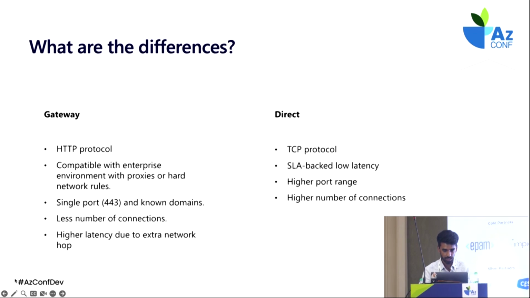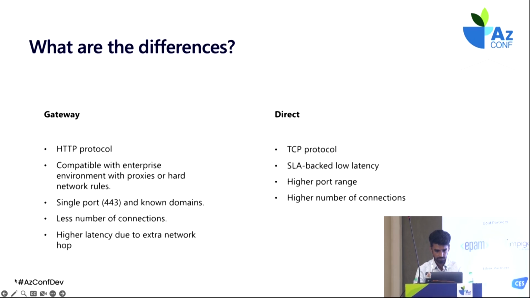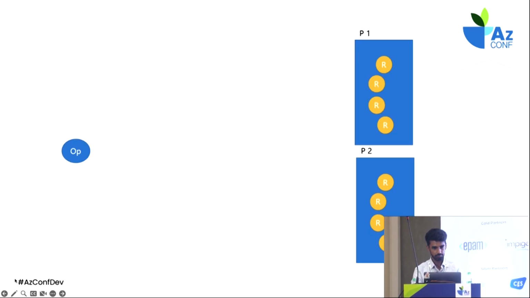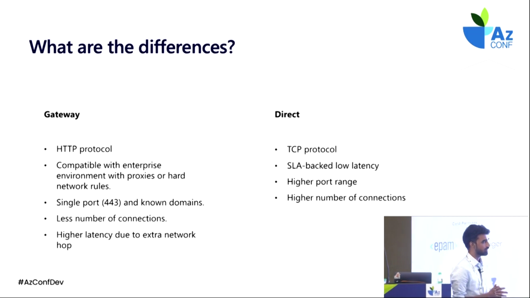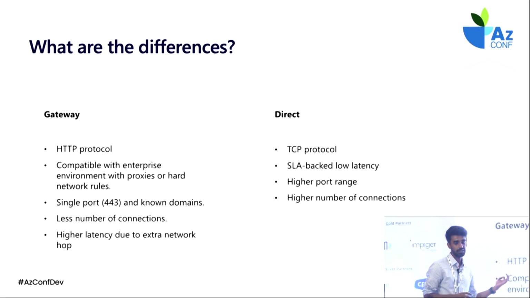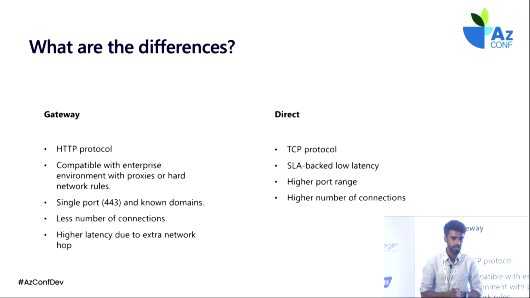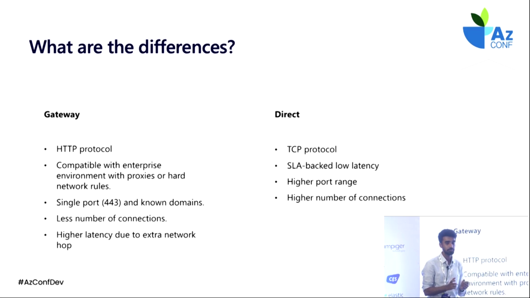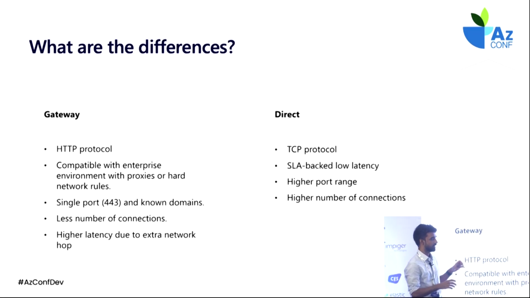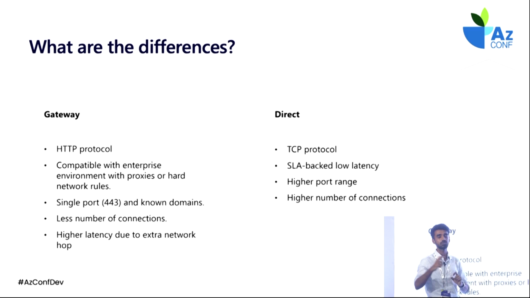On the other hand, direct mode uses the TCP protocol to perform the data plane operations. You would have lower latency because the middleman is removed. One of the drawbacks, I would say, is higher TCP connections, because we actually don't know which partition to talk to, right?